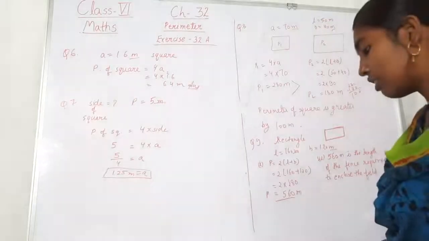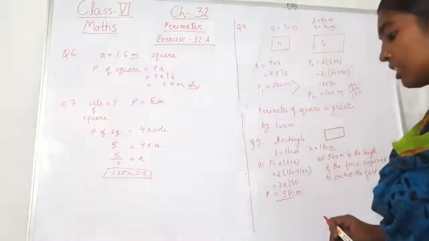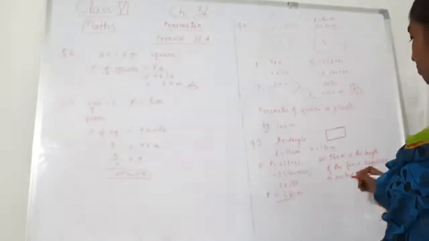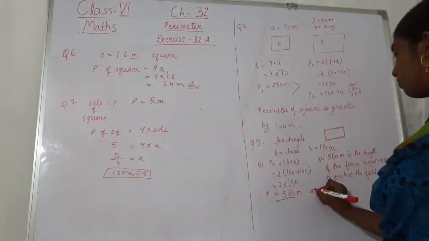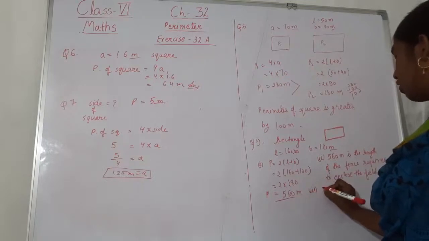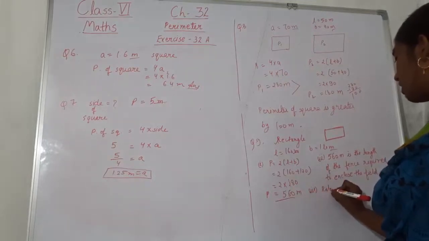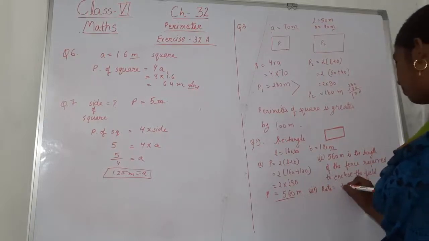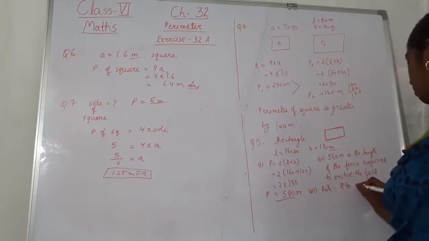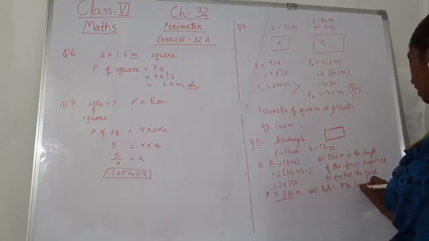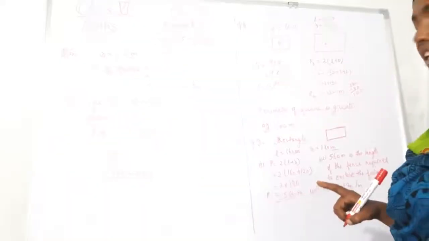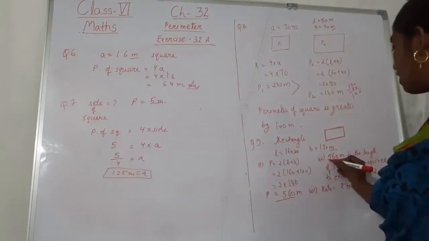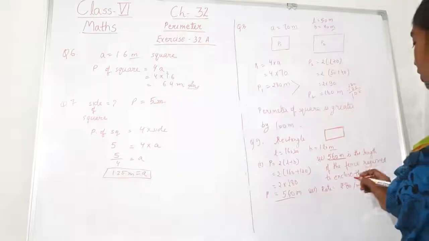ओके. Now third part is the cost of fencing the field at the rate of 80 rupees per meter. Third one, the rate of fencing is given. How much is the rate given to you? It is given 80 rupees per meter. 80 rupees पर मीटर, मतलब 1 मीटर लगाने के लिए 80 रुपीज़ लगते हैं। तो टोटल कितने मीटर फेंस लगानी है? 560 मीटर फेंस लगानी है। तो कितना हो जाएगा?